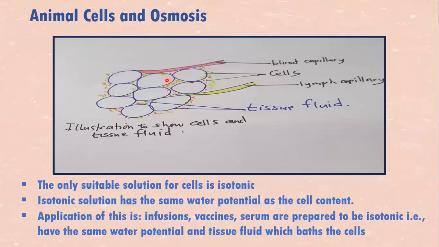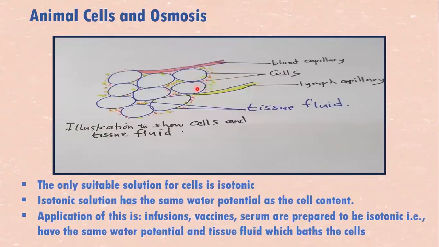You see, animal cells are surrounded with tissue fluid. You have capillaries, you have lymph capillaries, and these are the cells. The fluid that surrounds the cells is called tissue fluid. Now, any fluid that is put in an animal cell should be isotonic, should be the same concentration as tissue fluid.